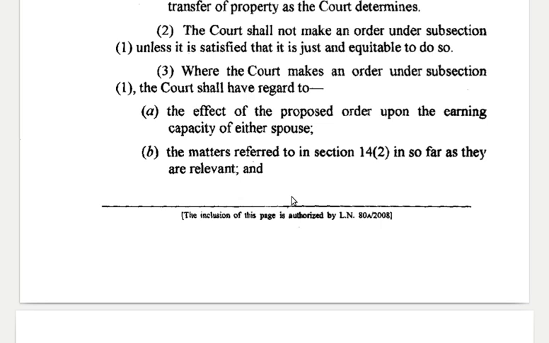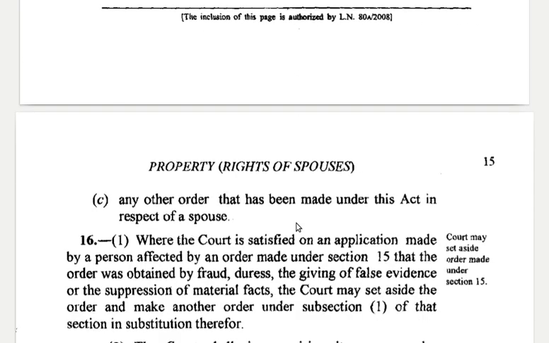Anyway, B. The matters referred to in section 14, subsection 2, insofar as they are relevant, and C. Any other order that has been made under this section in respect of a spouse.